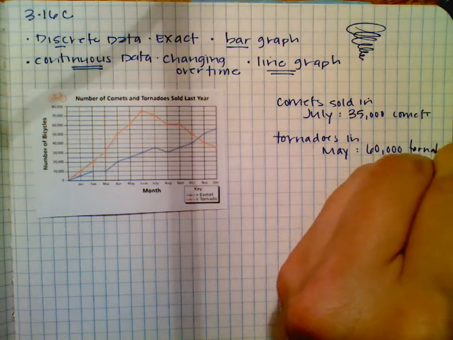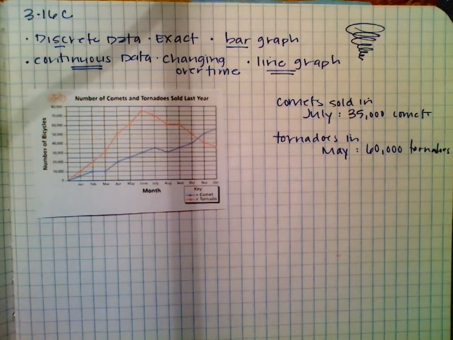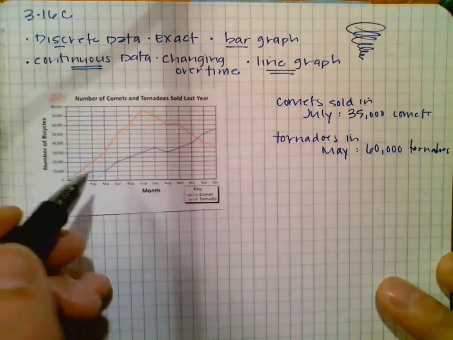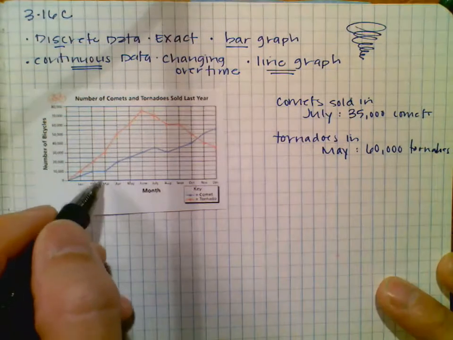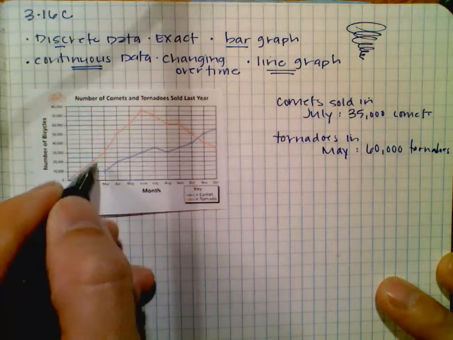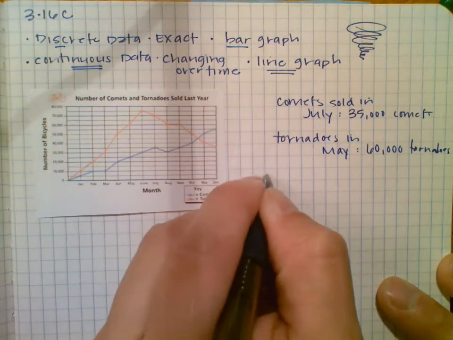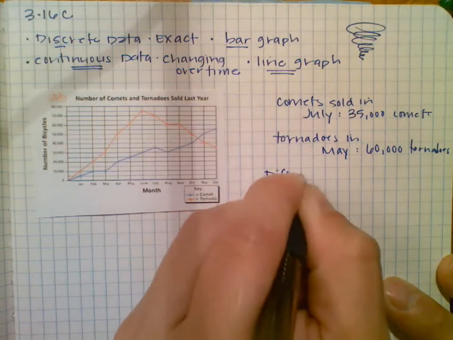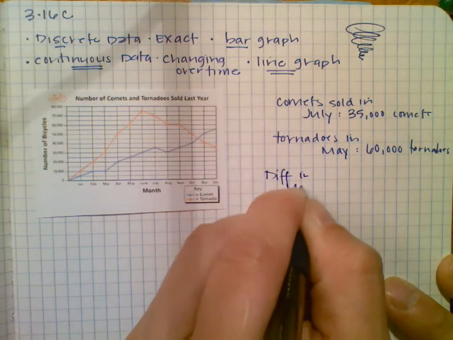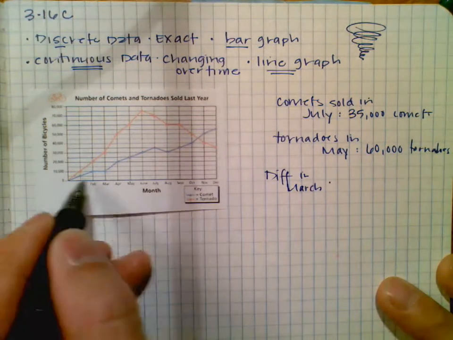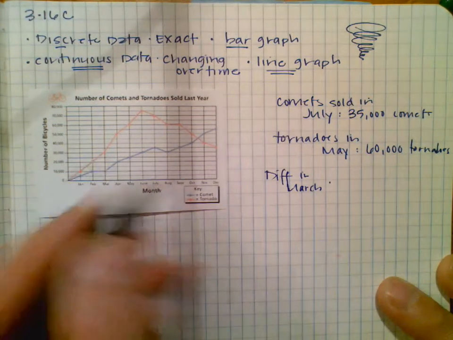Now, we can also look and see the difference between two points. So if I want to know the difference of sales in March between the comet and the tornado, I'm just going to write difference in March. We know we're going to take the tornado first because that's going to be the larger number.